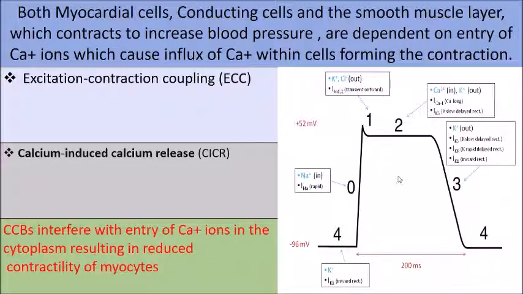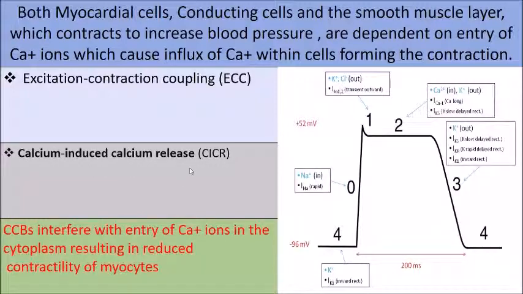Then the sarcoplasmic reticulum, which is the store of calcium inside the cell, is released. This mechanism is known as calcium-induced calcium release, which basically releases more calcium into the cell.